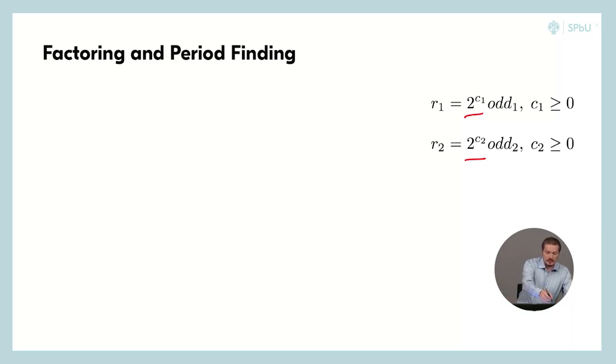So let's take a closer look at the fields Z modulo P and Z modulo Q. Let's decompose P like this. We extract the power of 2 in its closest neighbor, P minus 1. S here is some odd number, and K is greater or equal to 1.